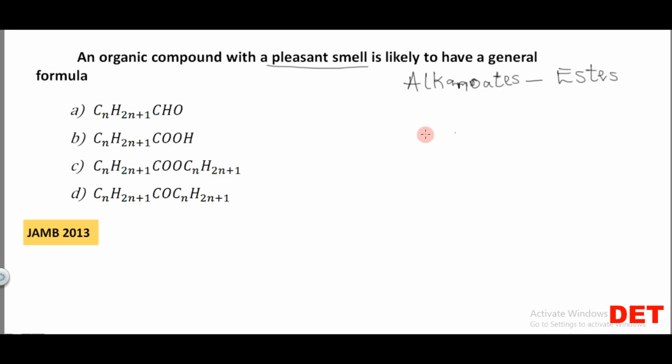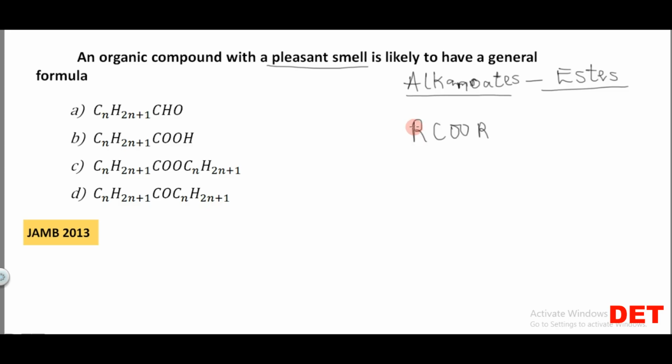So back to our question. An organic compound with a pleasant smell, which is likely to be an alkanoate, which I also refer to as esters, is likely to have a general formula, A this, B this, C this, and D this. So the general structural formula for the alkanoate is RCOOR'.